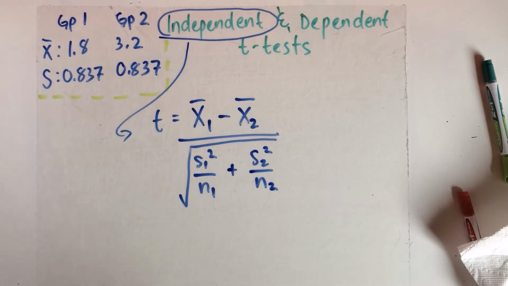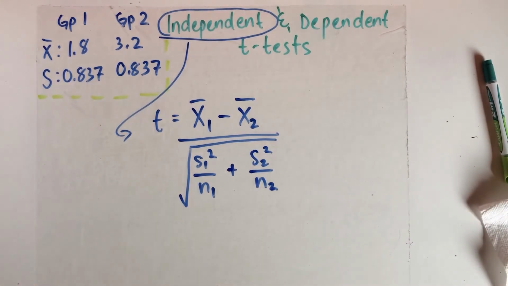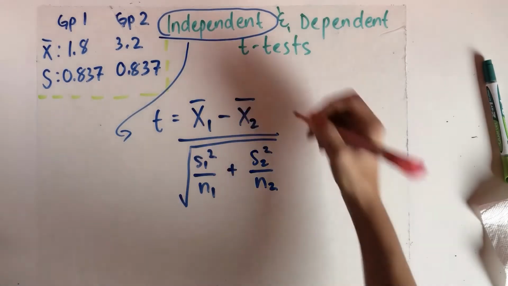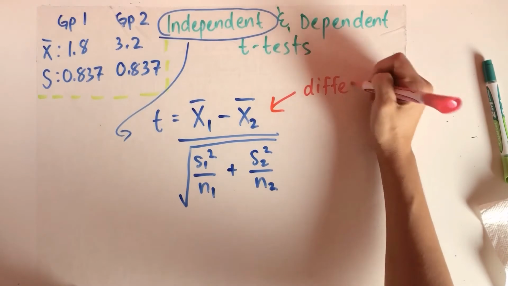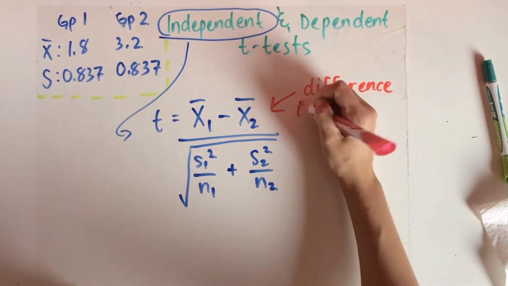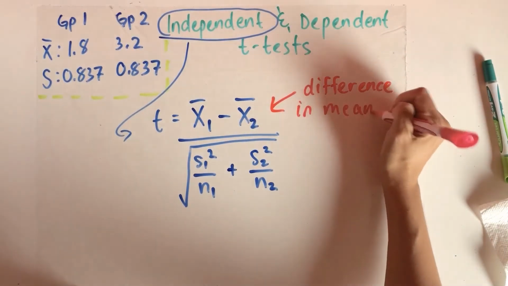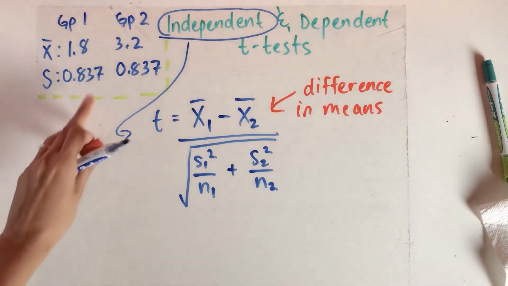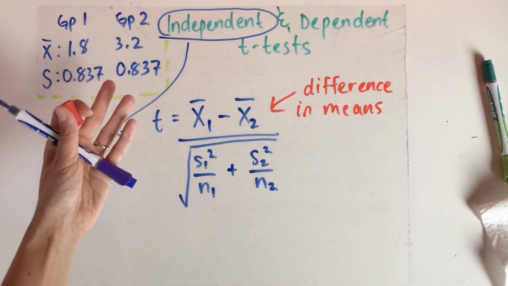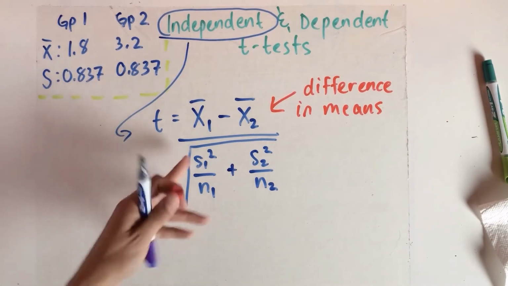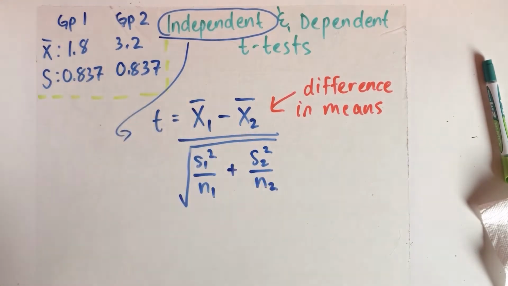Before we continue, one main goal for us is to understand conceptually what the t-test is doing. What the t-test is doing is looking at the difference in means. As you can see by the summary table, that difference is 1.8 minus 3.2, or 3.2 minus 1.8 if we had said x2 bar minus x1 bar.